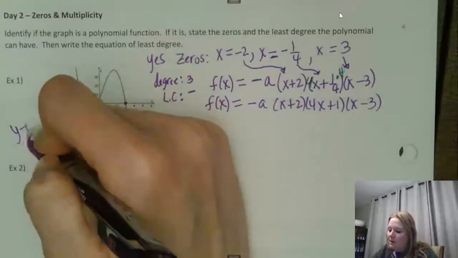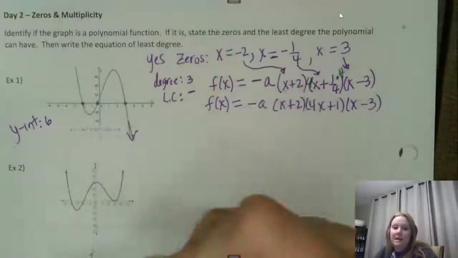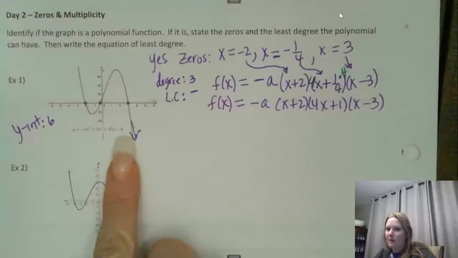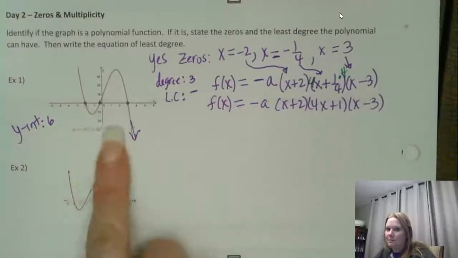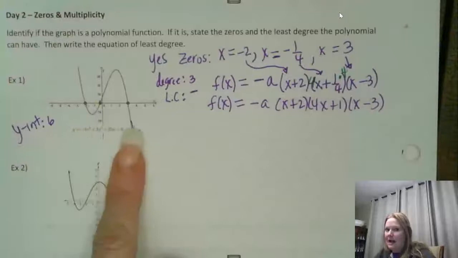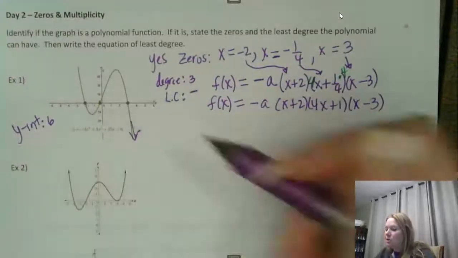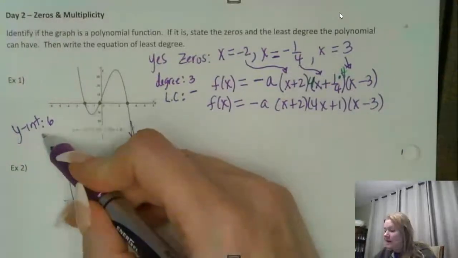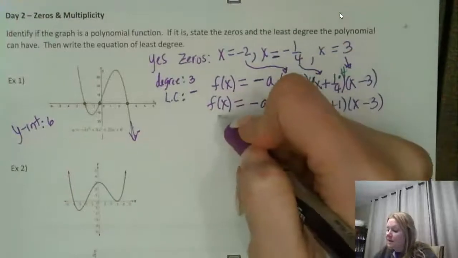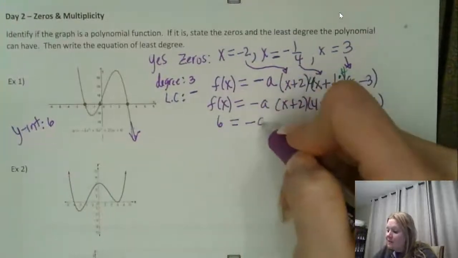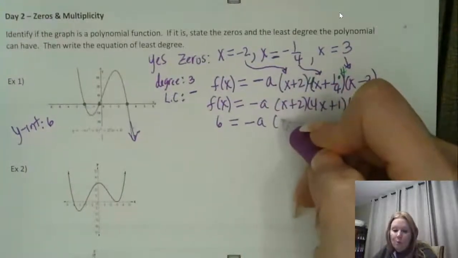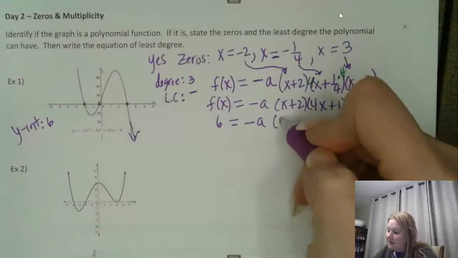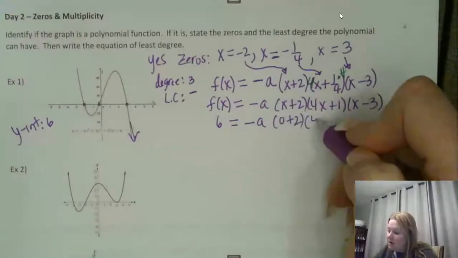Y-intercept, I'm going to tell you the y-intercept here is 6. Now, technically, we have the equation there, so we could see it's 6, but remember the point of this is really not to have that equation. So they'd have to tell you the y-intercept. If they tell you the y-intercept is 6, that means f of x is 6 when x is 0, right?